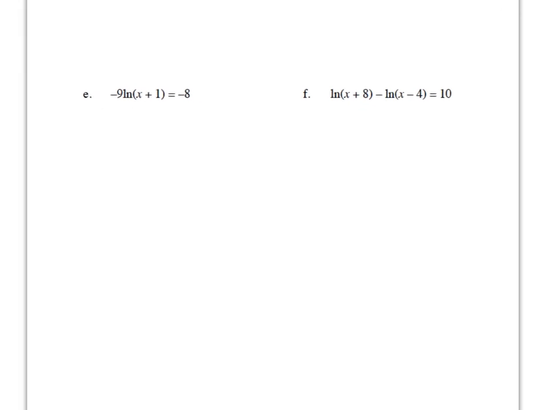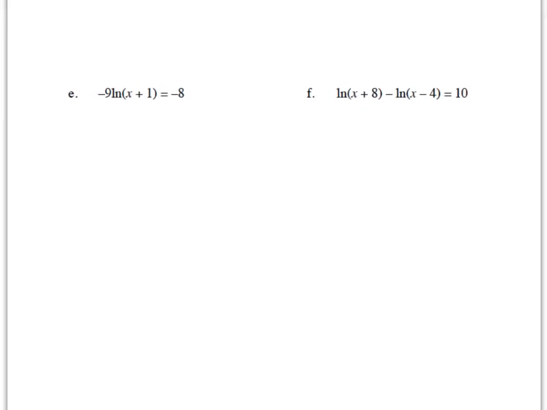Our last two problems, what I'd like you to do is pause this after I give you a couple hints, and then solve the problems, and then come back and check your work. In part E, start by dividing, or divide both sides by -9, then use your definition of logs.